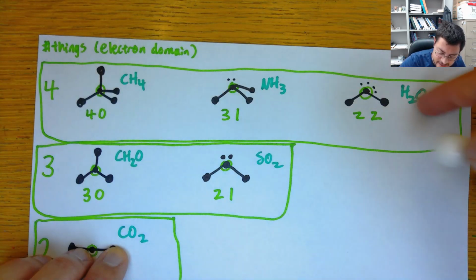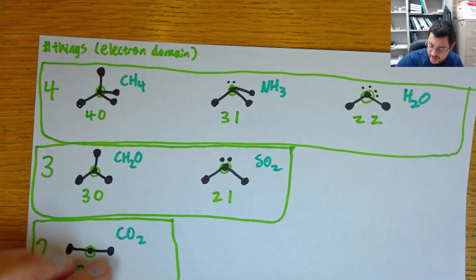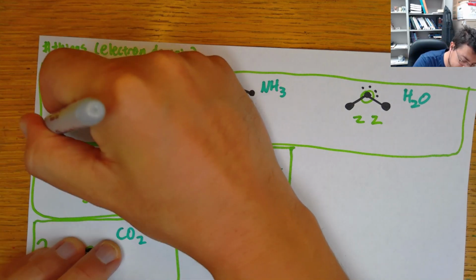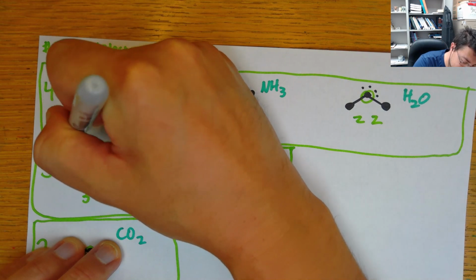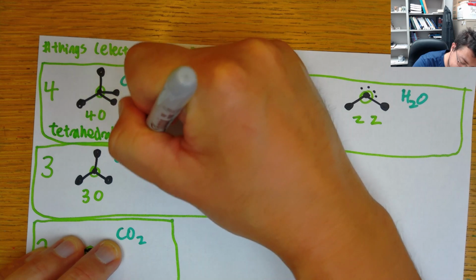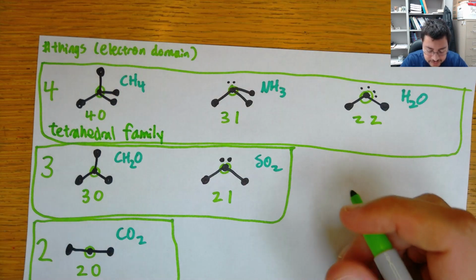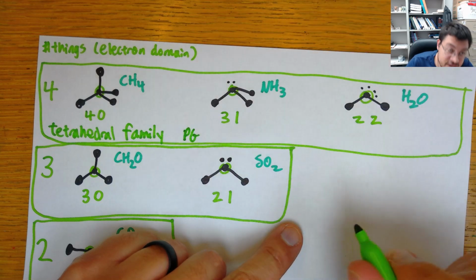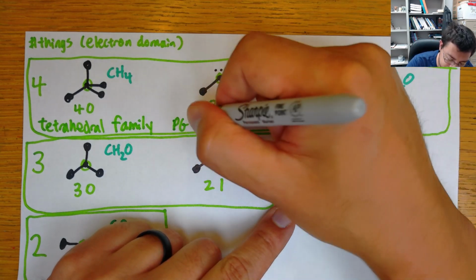Anything that has 4 things on it will have a tetrahedron shape. So we're going to call that the tetrahedral family. And some people call that a parent geometry, a PG.